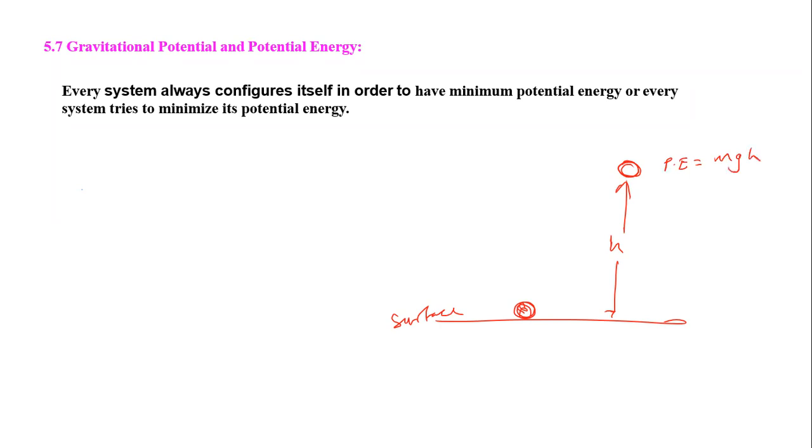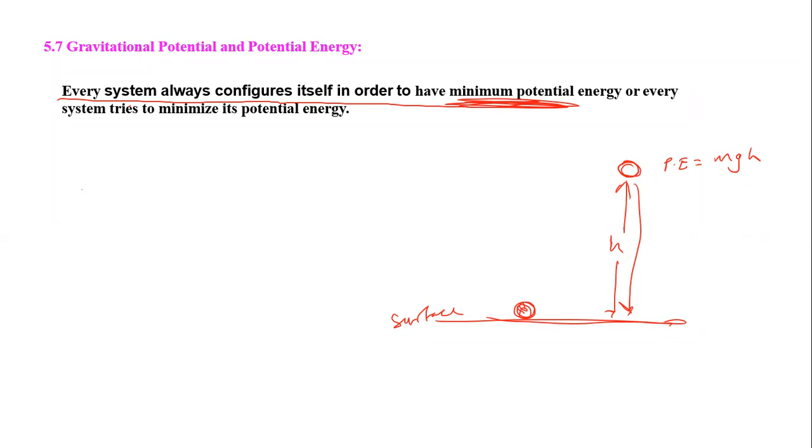Potential energy increases. But as we release this object, what happens? This object comes to the surface again. It means this object is coming down, and as it comes down, potential energy decreases.